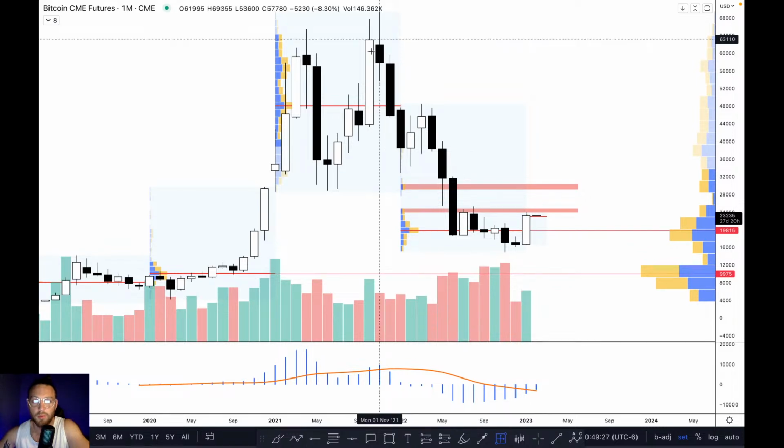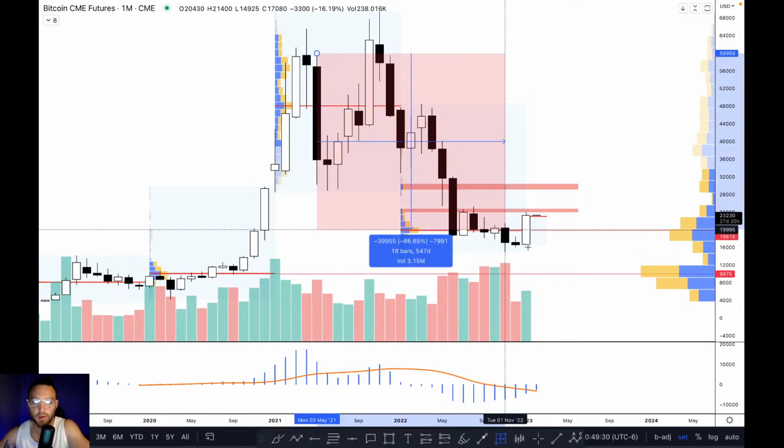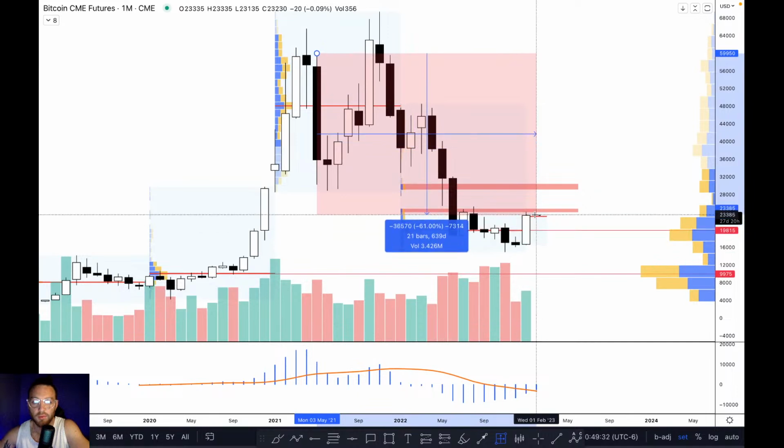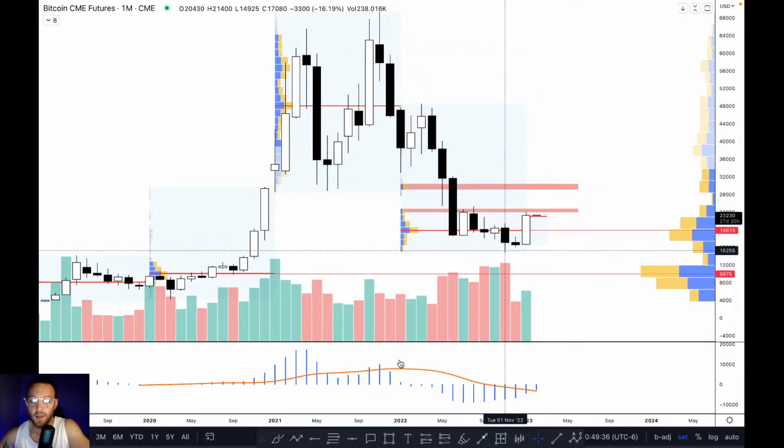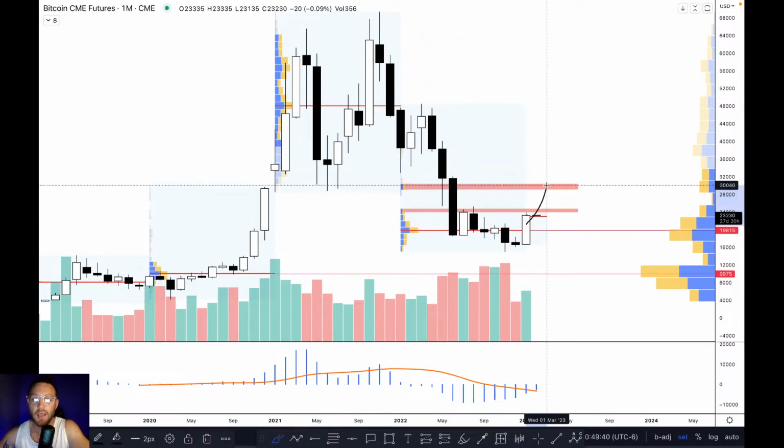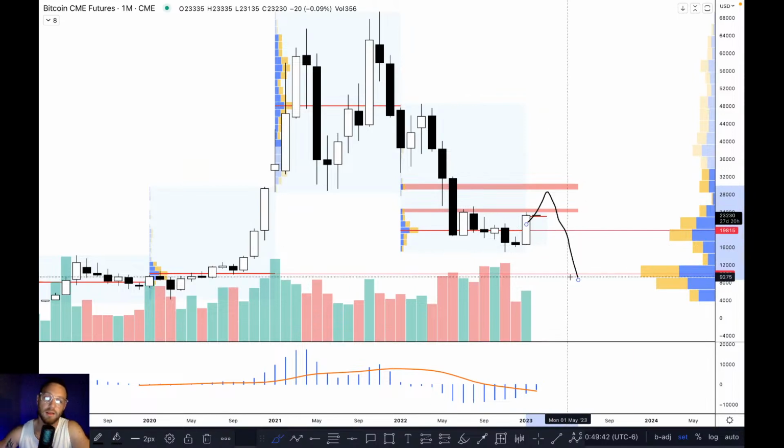So a lot of people got in right here, and they've had to hold this 70%, 60% drop, and a lot of people are going to get in again at the wrong time, and most likely it's going to do this. And that's just my opinion.